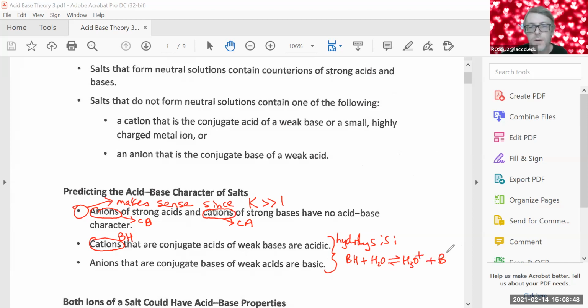Let's say B to keep it neutral. So it would hydrolyze and it would form an acidic solution because of the hydronium.